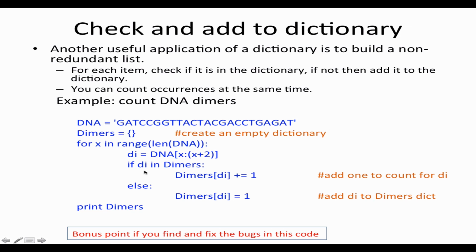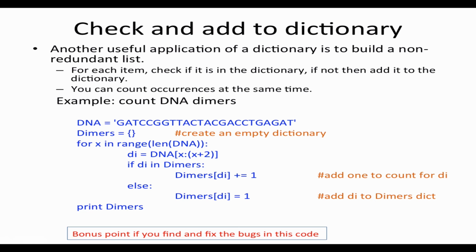So this is a cool little syntax here that is enabled in dictionaries. It's essentially a dictionary method, in. So if di is already in dimers, if I already have a key in dimers that represents the two letters that I now have in di, then count 1. In other words, the value for that two-letter key is now increased by 1.